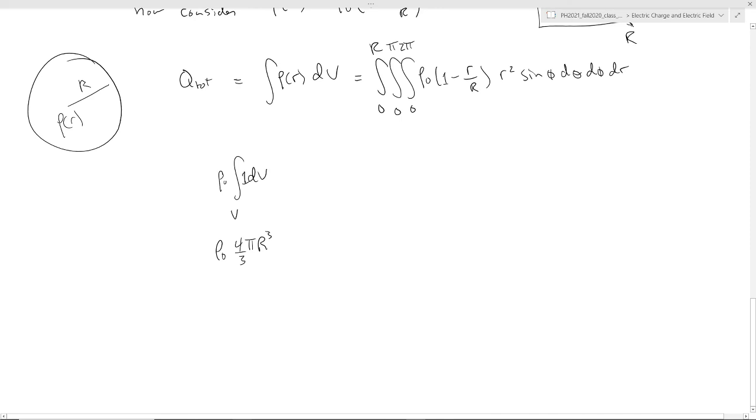That would correspond to the contribution if the thing had just constant density. And then we're going to subtract from that this piece, where we have the part that depends on r. And so there's an r over big R. And actually, I can pull out the rho naught.